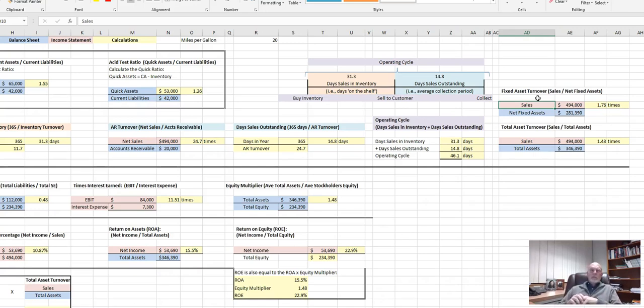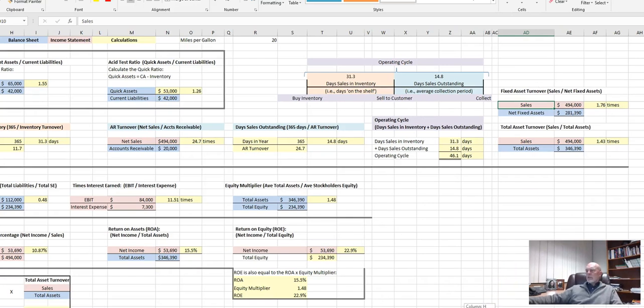Or an airline might look at their sales per passenger seat, and so again, how efficiently we're using that significant investment in airplanes. So many of these ratios can have more specific application depending on the industry that you're in.